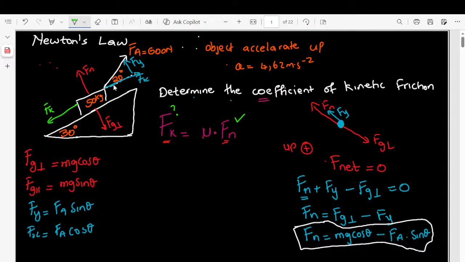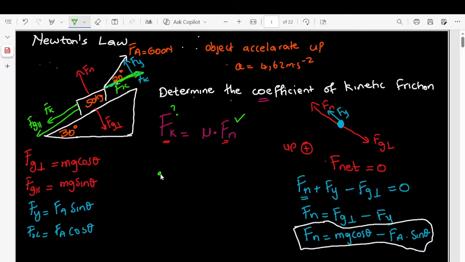I'm trying to indicate all the forces that are parallel to the surface. Then we have this one there, which is my Fx. Then there's this other force that always acts down, and that force, we call it Fg parallel. So all those forces are the forces that are parallel to the surface.